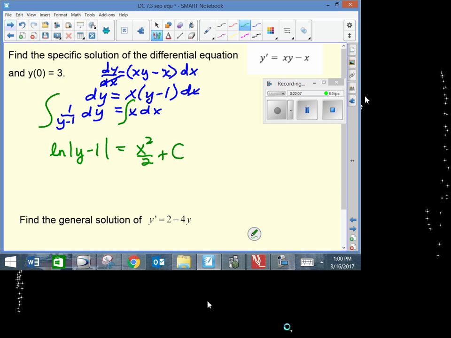What do we do? We have an ln on one side. Oh, you can get it. That's right. How does that e thing work there? Would it be e to the x squared over 2 plus c equals y minus 1? Very good. That's from log equation to exponential equation.